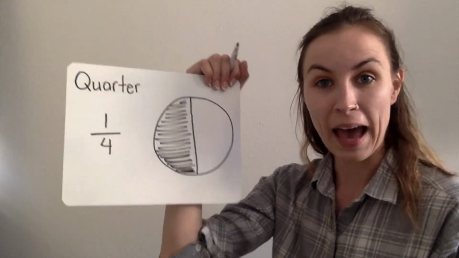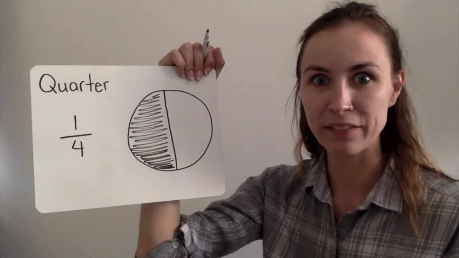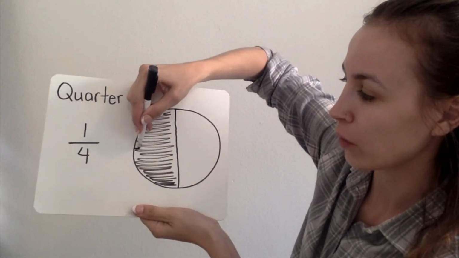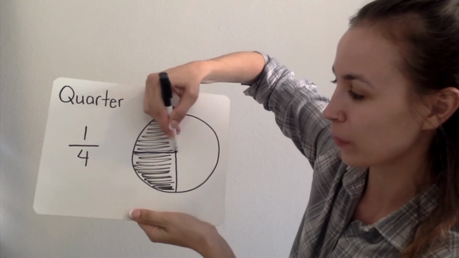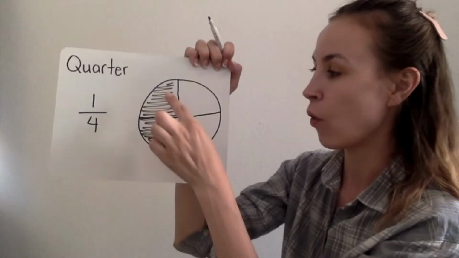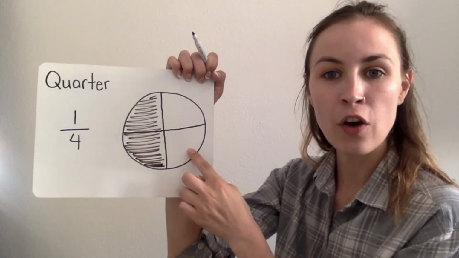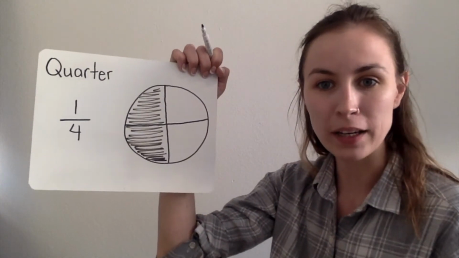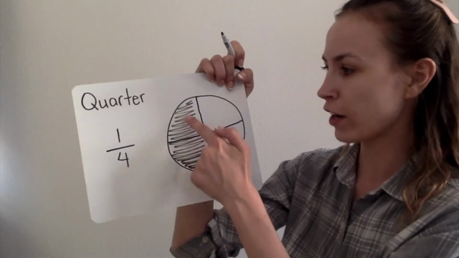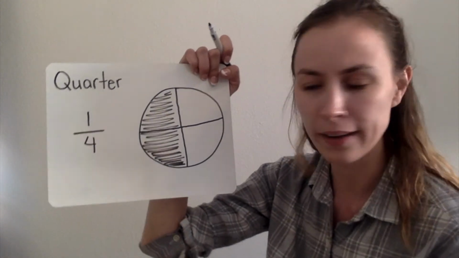Now to do that, I need to half my halves. Watch what I mean. I'm going to go straight down this way. And now I have 1, 2, 3, 4 equal parts. Now, you're saying, Miss Hamilton, there's 2 equal parts shaded in, not 1.